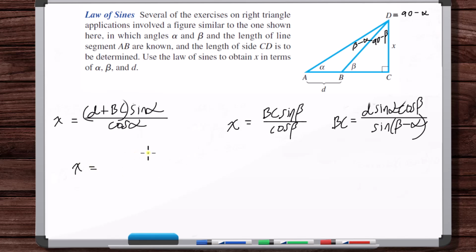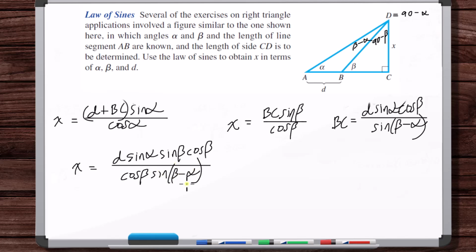We've got D sine alpha sine beta cosine beta in the numerator, and then cosine beta sine of beta minus alpha in the denominator.